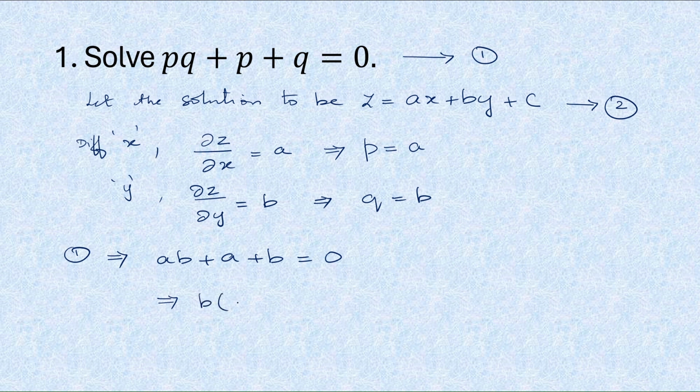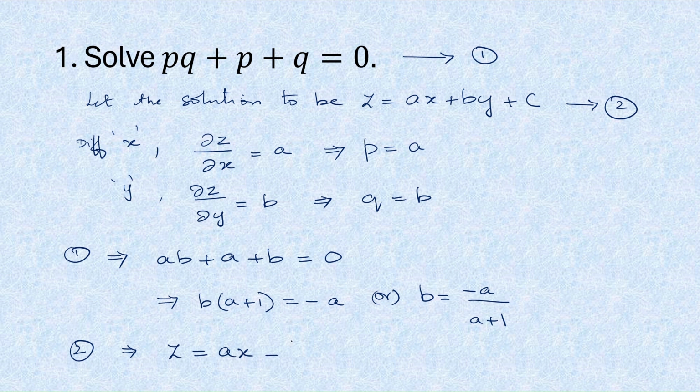So here taking b common, it gives you b into a plus 1 is equal to minus a, or otherwise b is equal to minus a divided by a plus 1. Okay, so now we can substitute b as minus a by a plus 1 in equation 2. So while substituting in equation 2, z is equal to ax minus a divided by a plus 1 into y plus c.